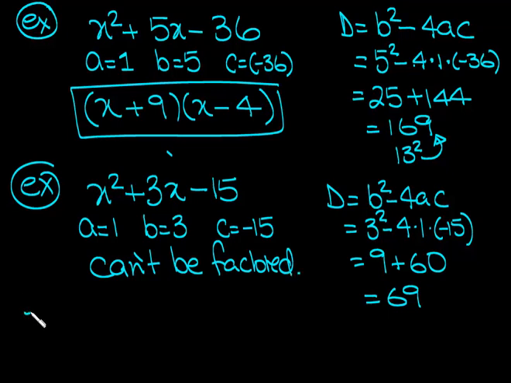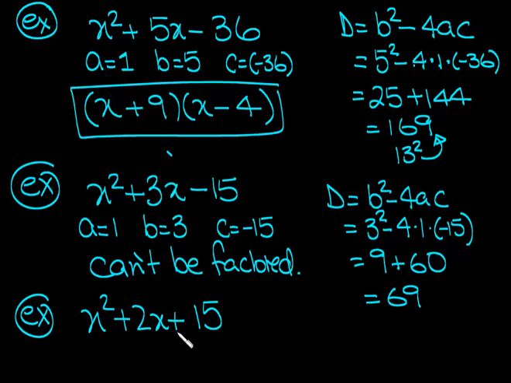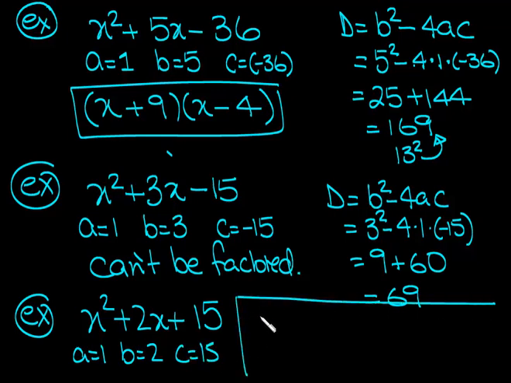Okay, let me show you just a little variation of this problem. Let's say I had this. So what would have happened now? A is 1, B is 2, and C is 15. So I get D is equal to b squared minus 4ac.